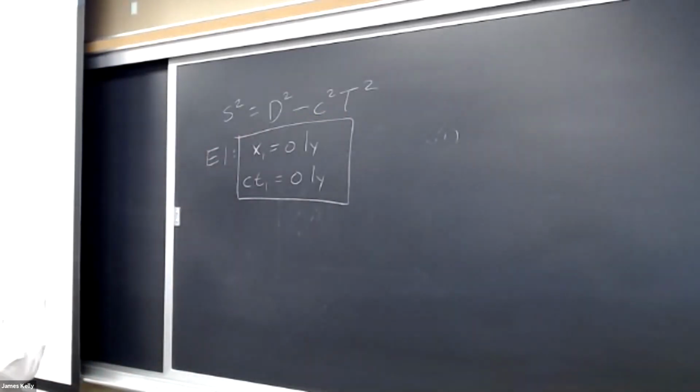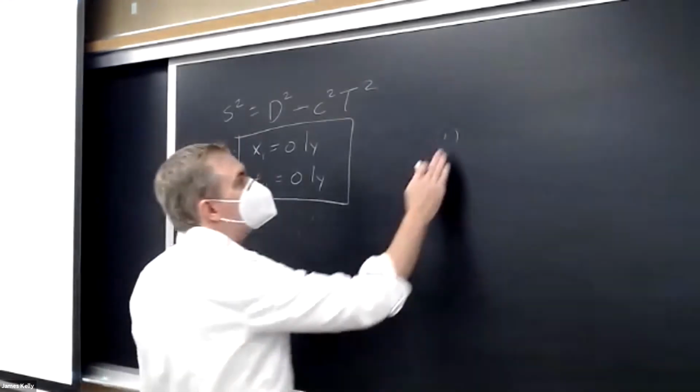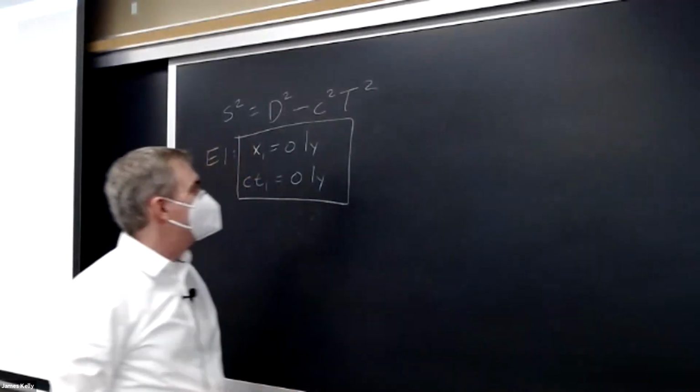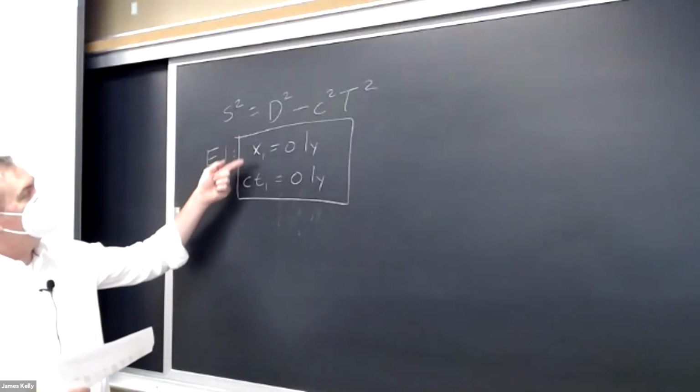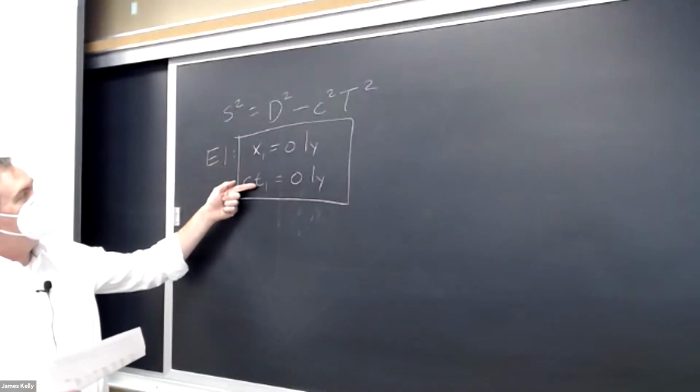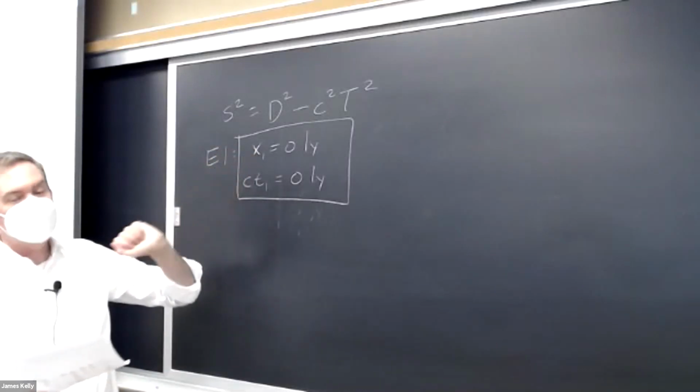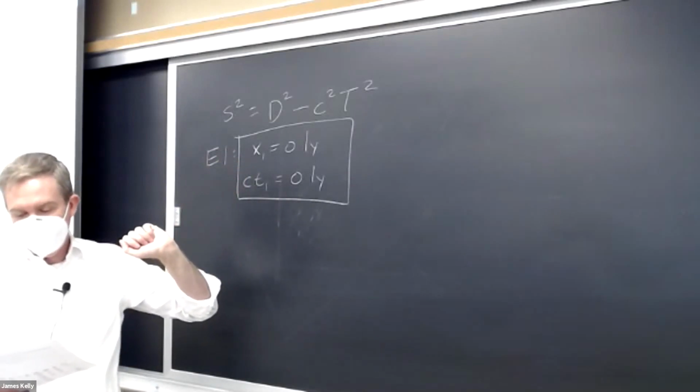Now we have to do a little bit of work to figure out the coordinates of event 2. Event 2 is when the ship arrives at X. I know the distance in the Earth frame, that's this unprimed frame, between Earth and X: it's 10 light years, I believe.